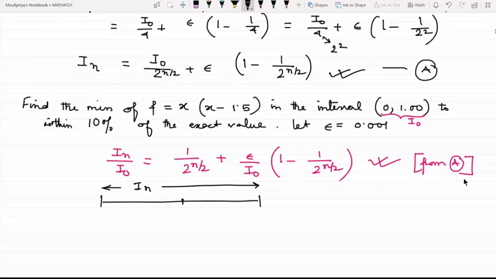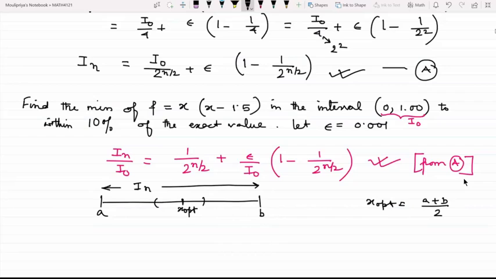This point is actually chosen to be the x optimum. Am I correct? This is your x optimum. We take the average: if this is A and this is B and this is In, then x optimum is actually how much? A plus B by 2. Am I correct with this?